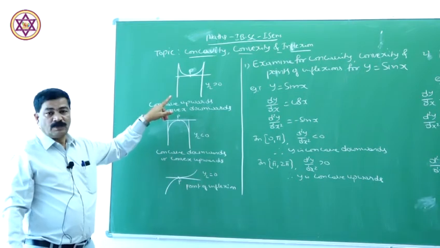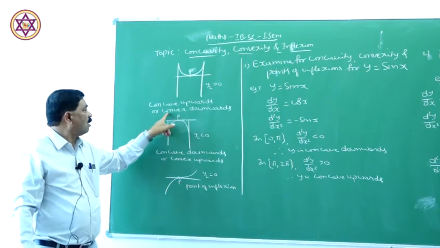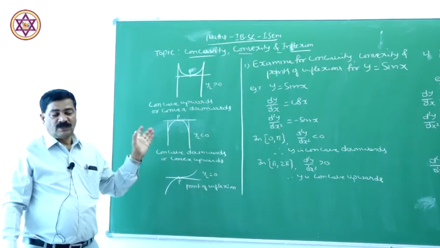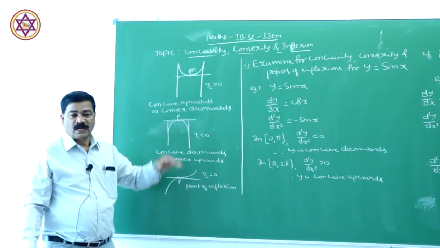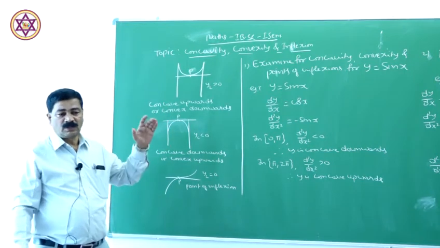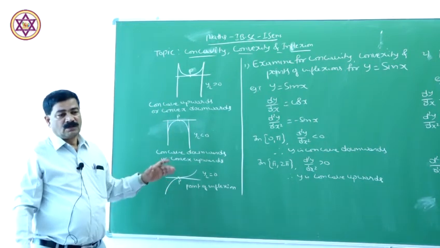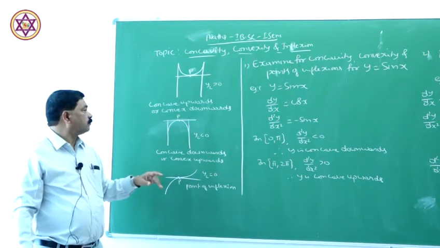The curve is said to be concave upwards or concave downwards if in the neighborhood of a point P the curve is below the tangent on both sides.